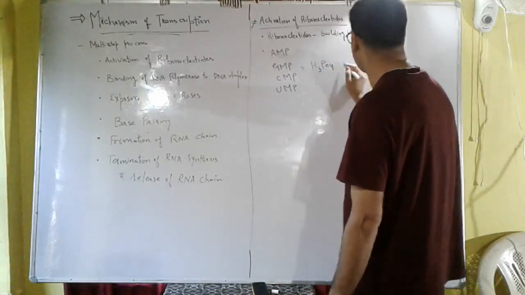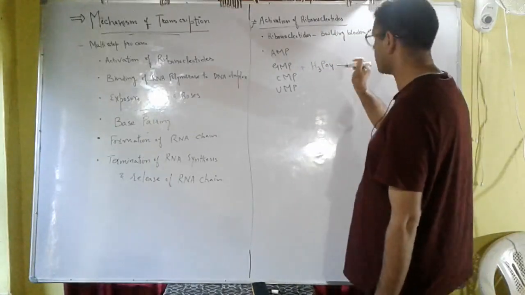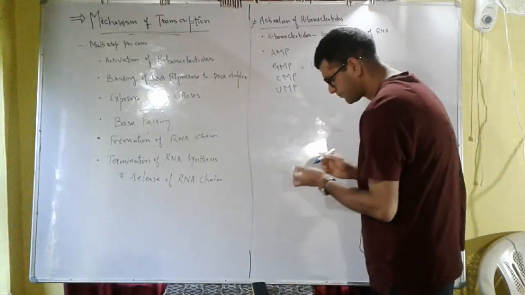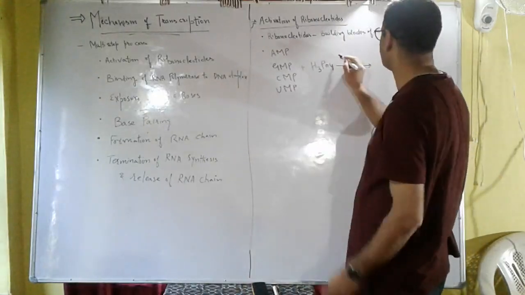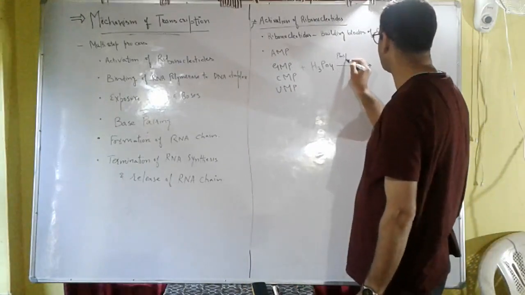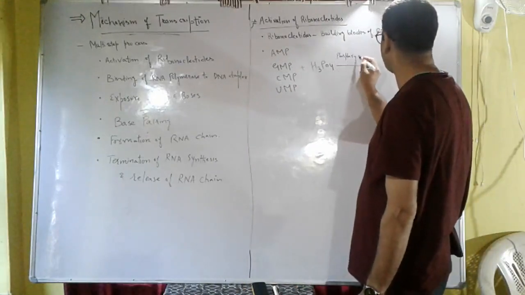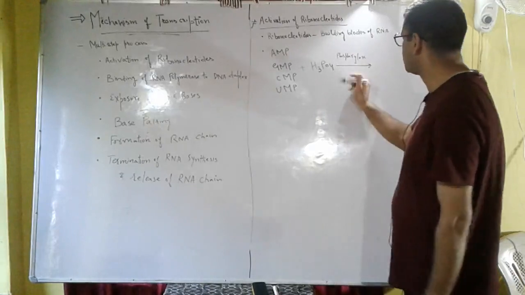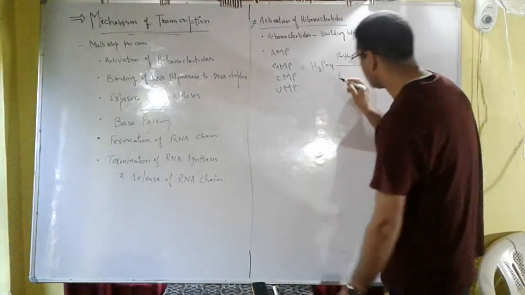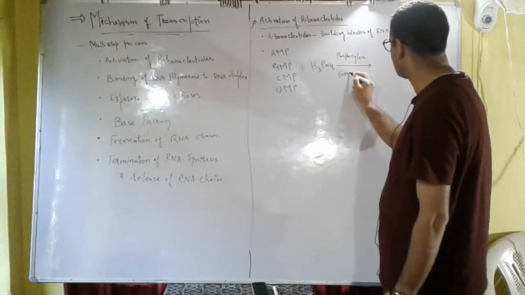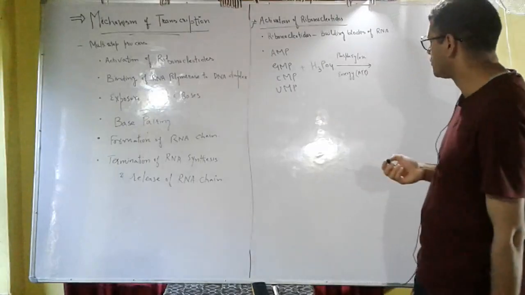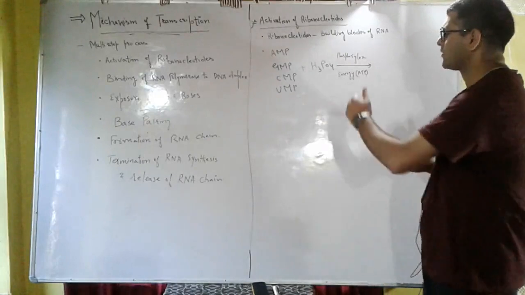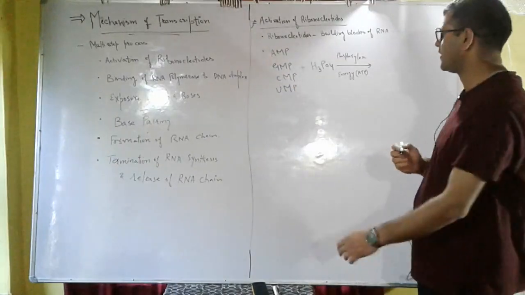H3PO4, phosphoric acid, and then there is an enzyme called phosphorylase, and energy from ATP. It is utilized for the activation of these ribonucleotides.